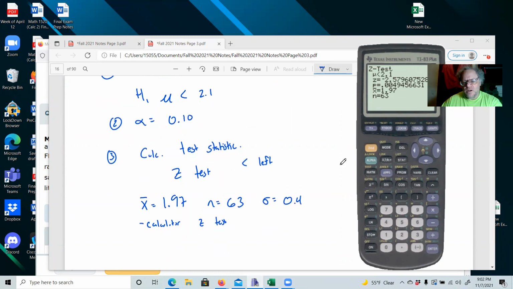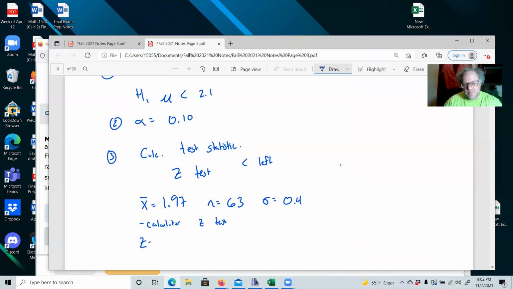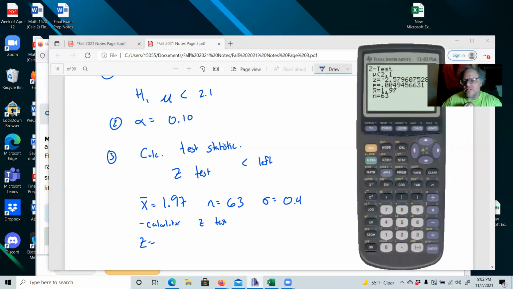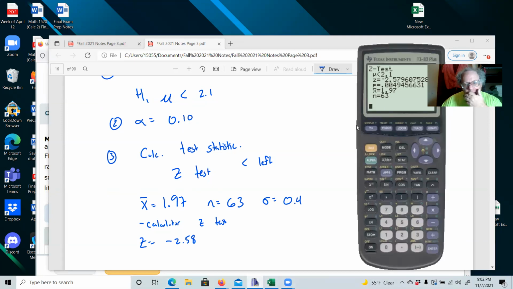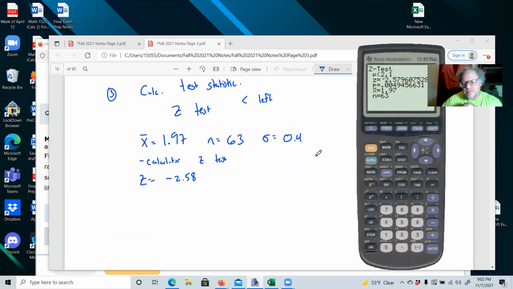All right, so our Z was equal to negative 2.58. Okay, negative 2.58. Okay, p-value was 0.0049.